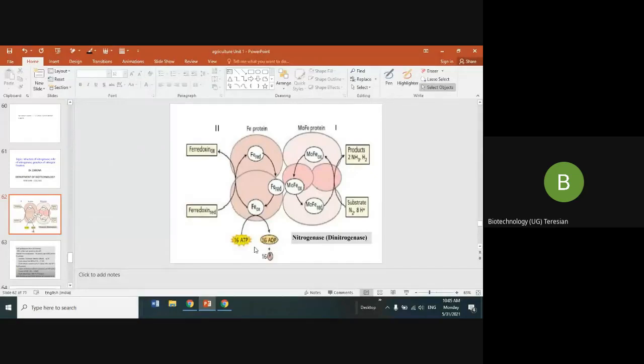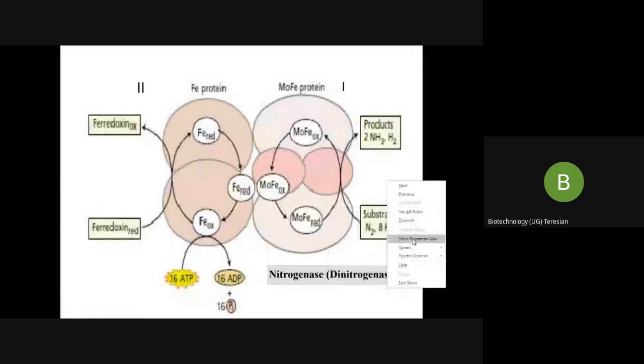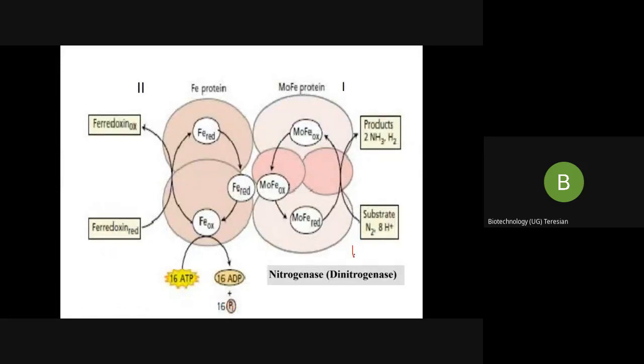So in the introductory class, we said that nitrogen fixation is a process by which atmospheric nitrogen, or dinitrogen, is converted into ammonia, and from there we saw the cycles.